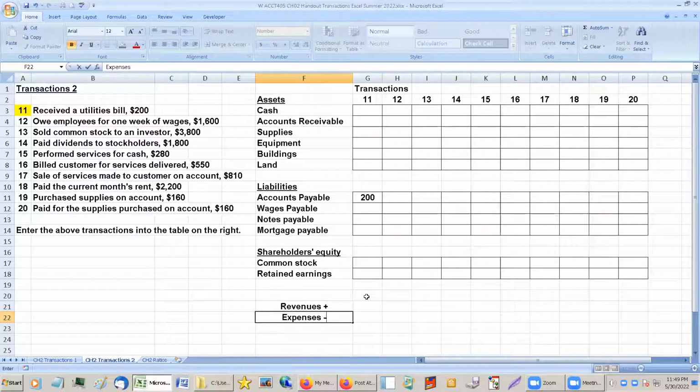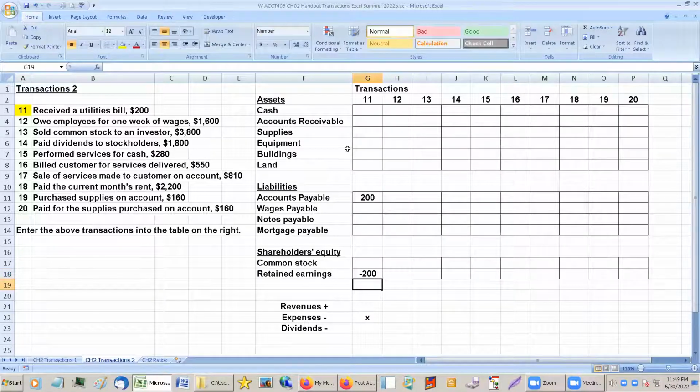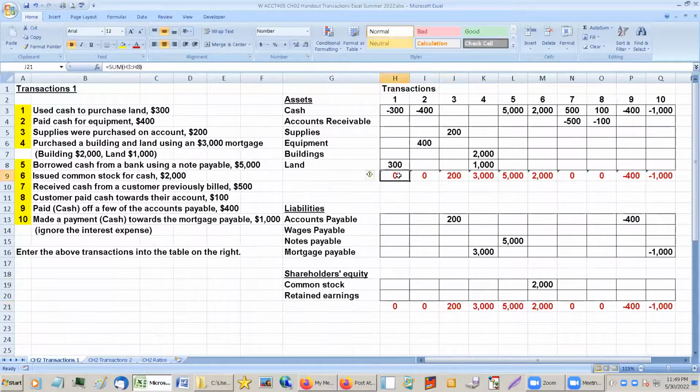Expenses will be a minus. And dividends will be a minus. And those will eventually again flow into that retained earnings here. So in this case, we have an expense. And the retained earnings will go down by 200. Copy these over.